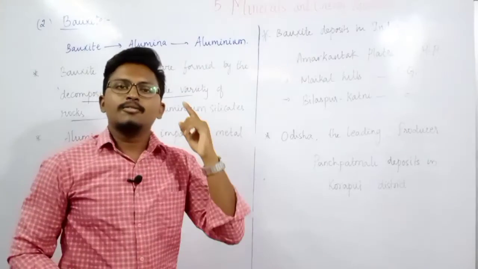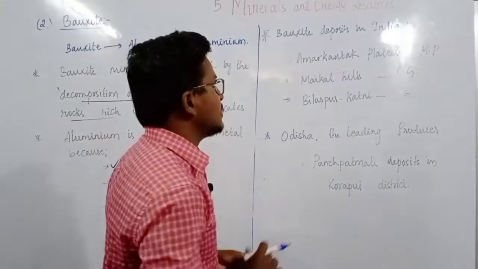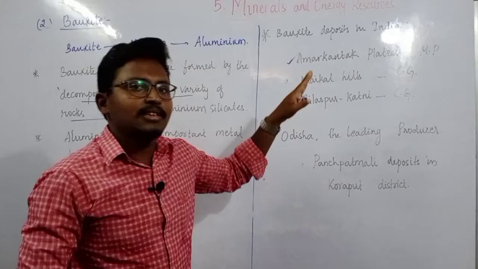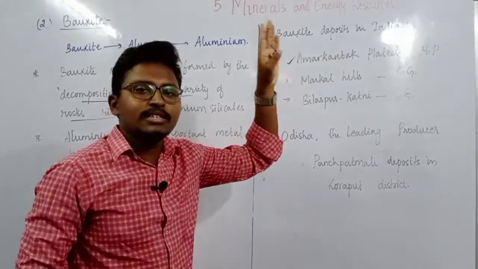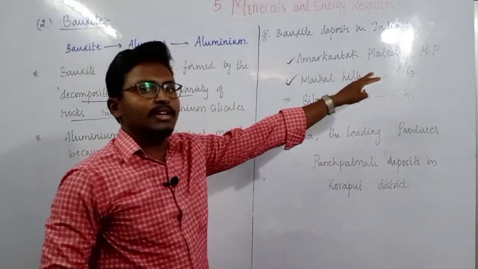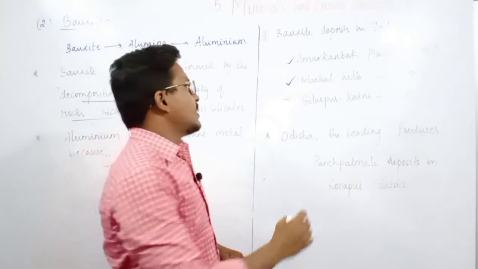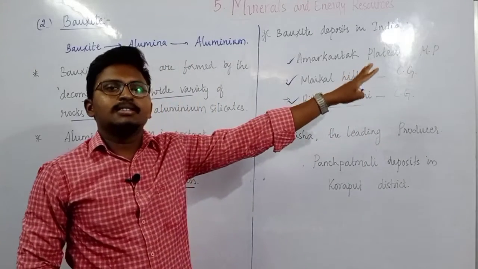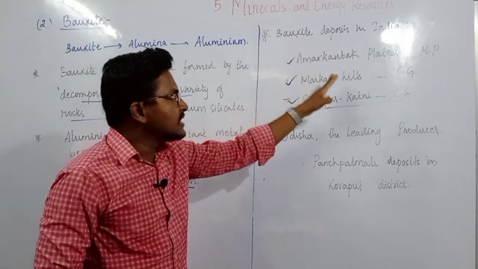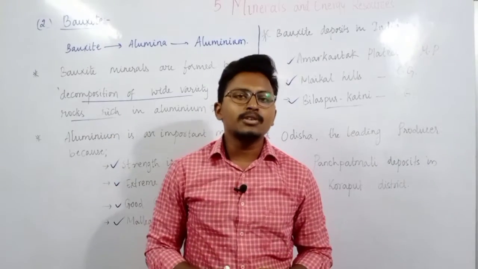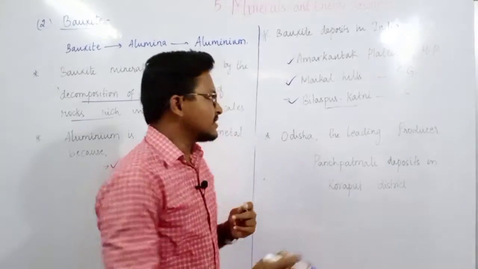Then what next? Where is this bauxite found in the country? In India, bauxite is found in various places. One is the Amarkantak Plateau, which is located in Madhya Pradesh, and Mica Hills, which are located in Chhattisgarh, as well as Bilaspur Katni, which is also located in Chhattisgarh. But apart from these places, there is one state which is the leading producer of bauxite, that is Odisha.